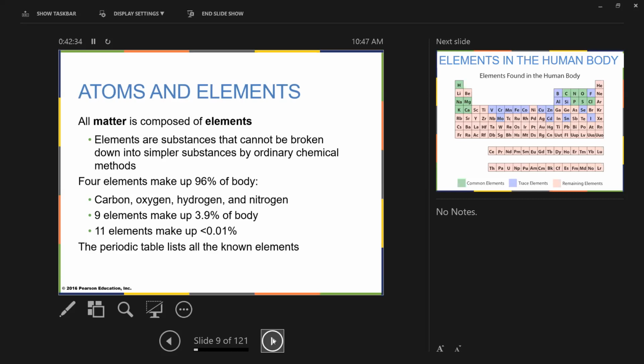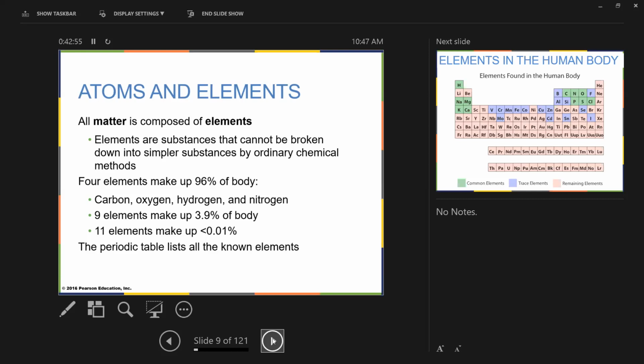Carbon shows up everywhere in our cells. Carbon is in all of our fats and in all of our proteins and in all of our stored carbohydrates. So carbon is everywhere also. So 96% of our body is made up of these big four.